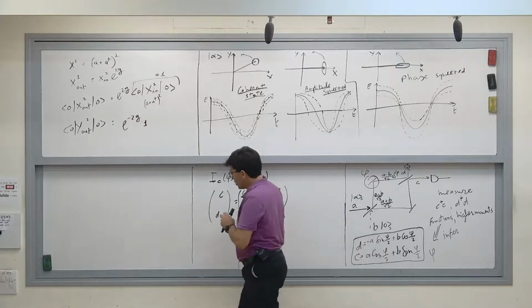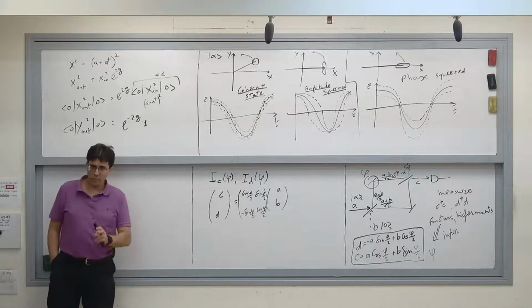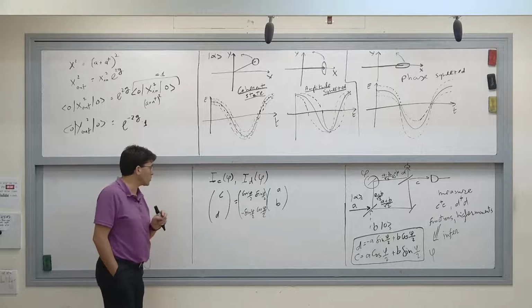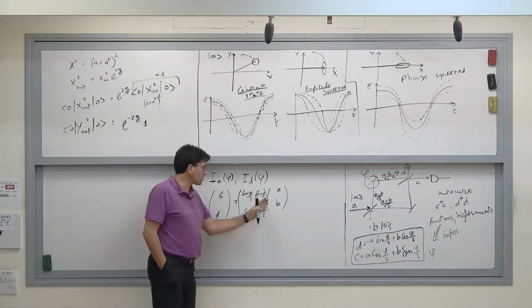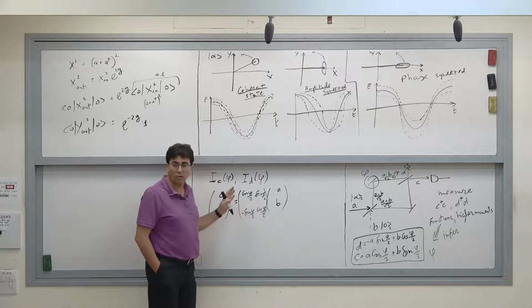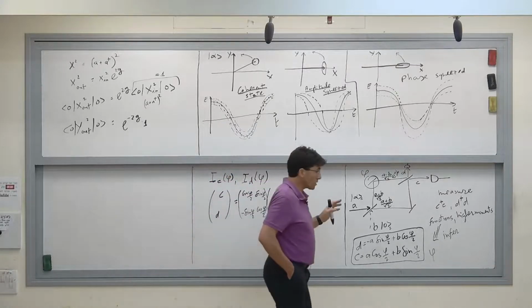Okay. Wait, there are many ways to look at an interferometer. Eventually all of them come down to seeing this matrix, maybe multiplied by an overall phase. The matrix is always the same.